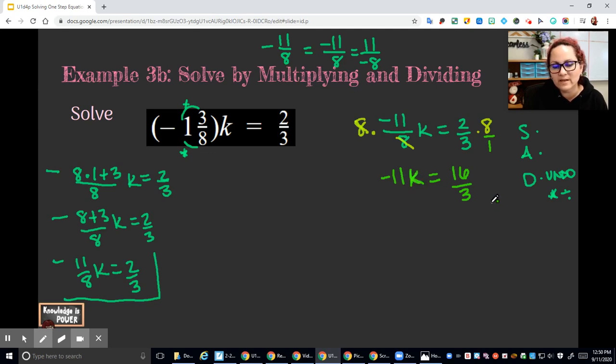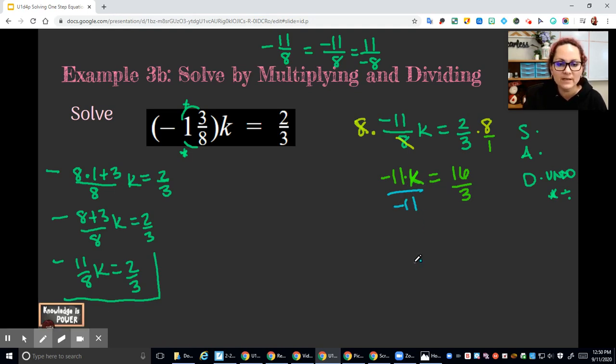So you could get rid of the 3. But in order to keep this simple, let's just go ahead and deal with getting k by itself. What's going on between k and negative 11? Multiplication. So to undo that, we have to divide. Good. We're going to divide by negative 11, okay?